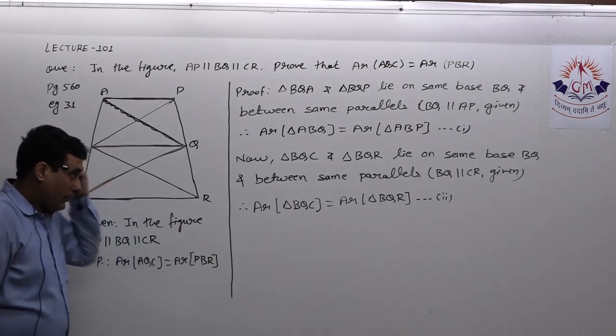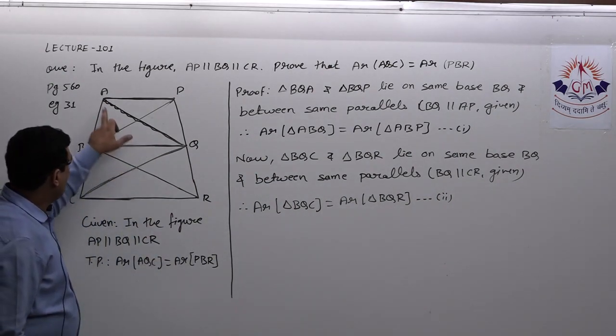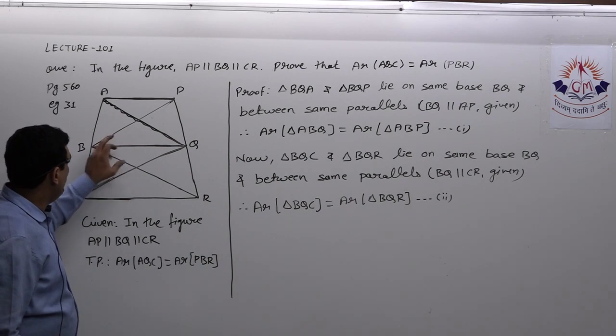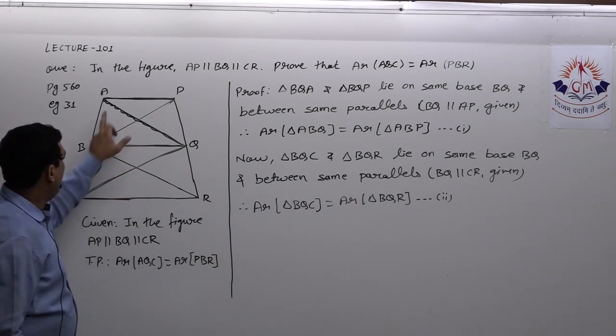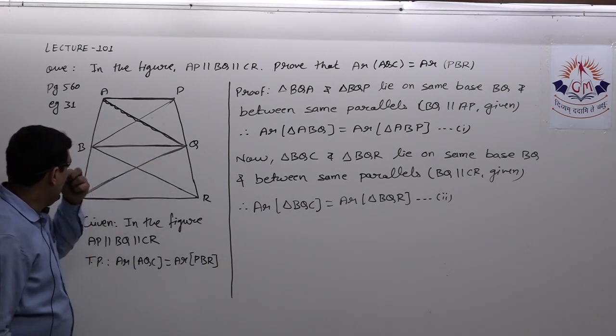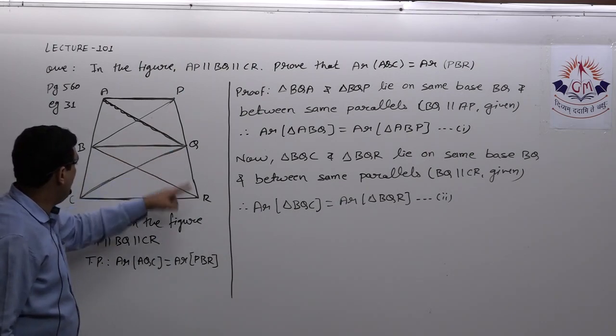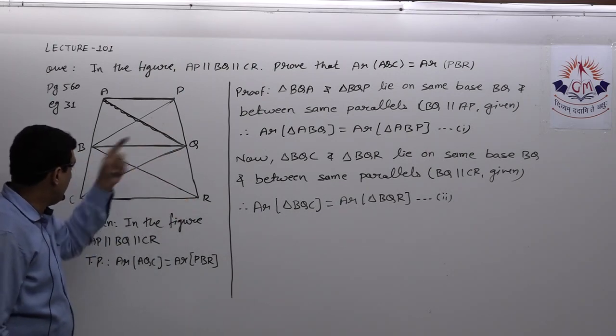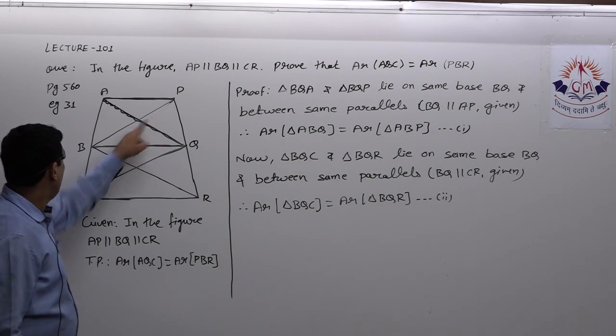Okay, so now if I add these two equations, when I add ABQ plus BQC, I will get AQC. Similarly, when I add PBQ and RBQ, I will get PBR.